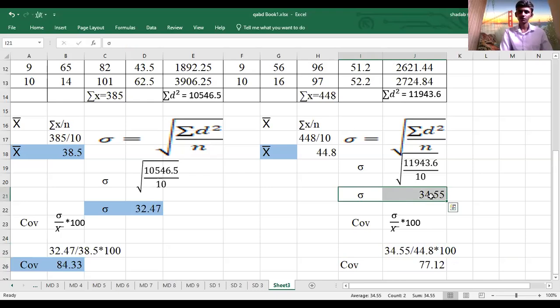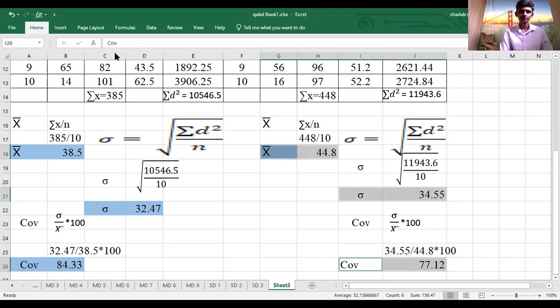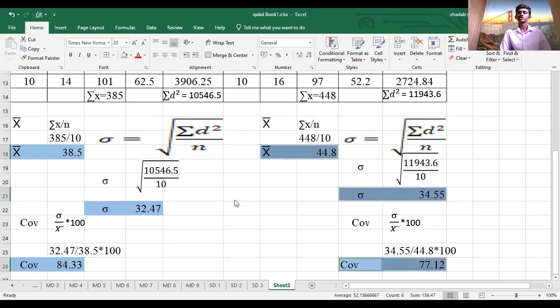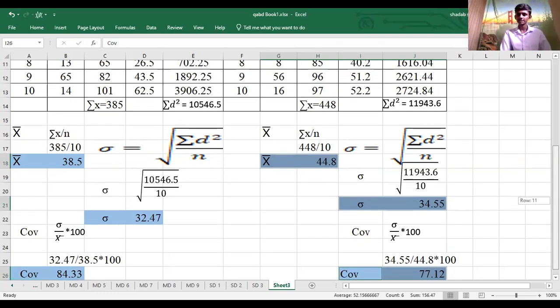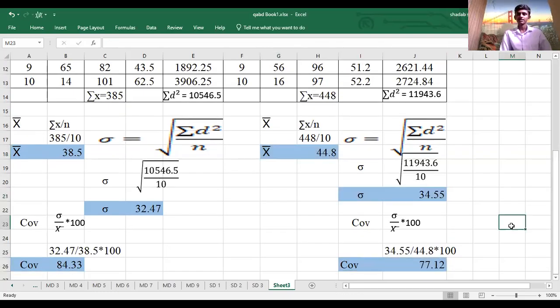Therefore, for batsman B the arithmetic mean is 44.8, standard deviation 34.55, and coefficient of variance 77.12.